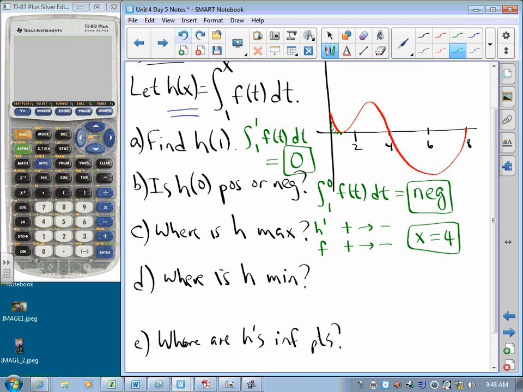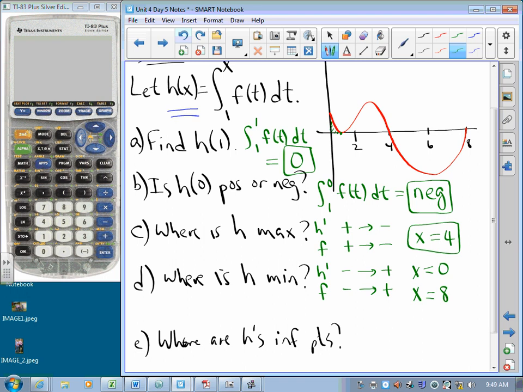Where is h a minimum? h would be a minimum where h prime changes from negative to positive. Well, that's f changing from negative to positive. f never changes from negative to positive. So h is either going to be a min at x equals 0, or it's going to be a min at x equals 8, because there are no mins in between 0 and 8.